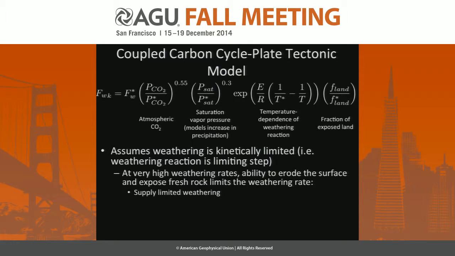But it turns out that at very high weathering rates, the ability to actually erode the surface and bring fresh rock up to the surface can limit the weathering rate. So it can actually act as a cap, or a maximum upper bound, on how high weathering can get. And that's determined essentially by some kind of globally averaged maximum erosion rate that the planet can achieve. When that happens, it's called supply limited weathering.